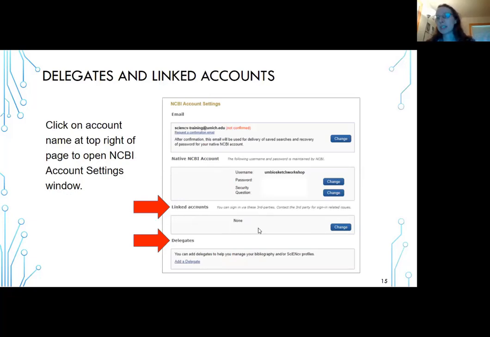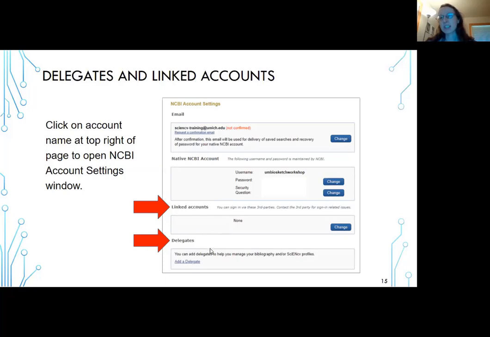So there are no linked accounts for this particular account, but you can see there's this change button here. If you want to link up an eRA Commons or ORCID account, you could do that here. You can also do that directly through SciENcv, and I'll show you where to do that. If you are already linked up to those accounts, it would show your username here, I think, and same thing with ORCID.